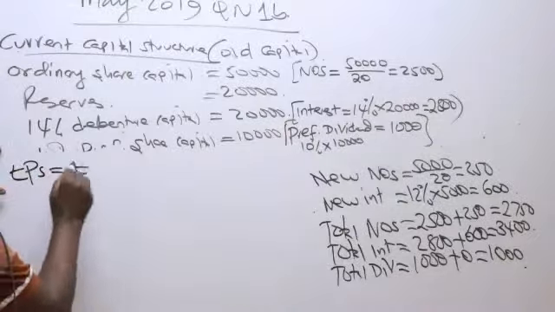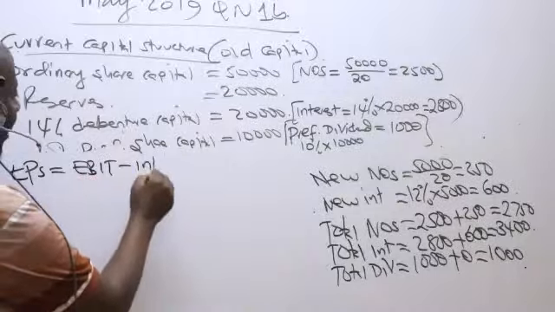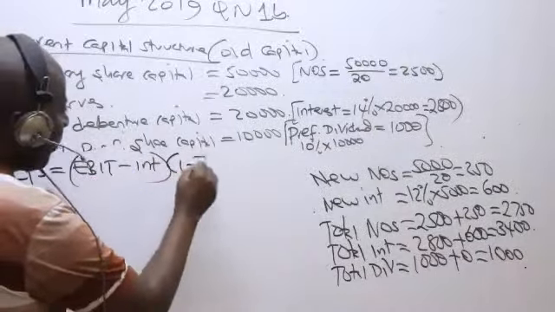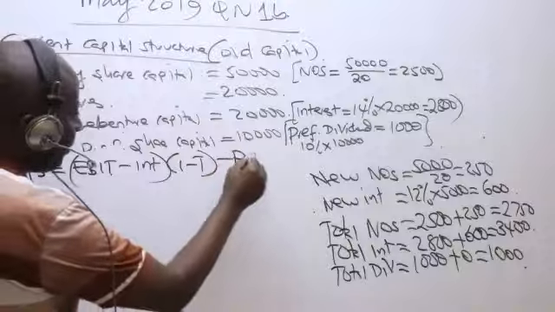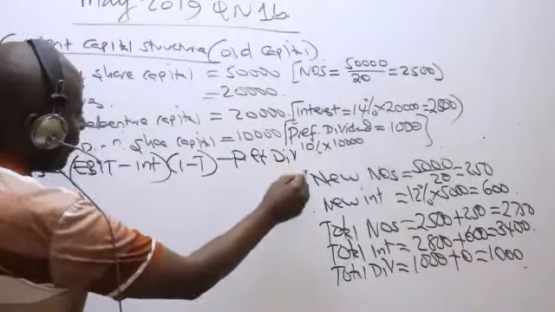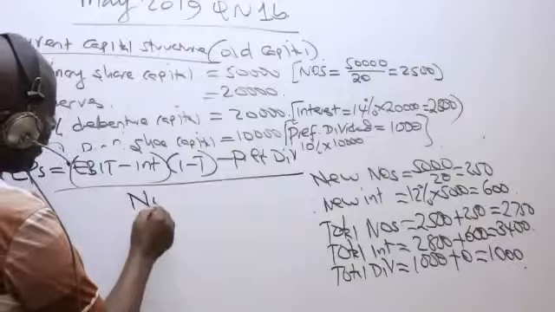Great. So give us the EPS formula. We are repeating again. It is EBIT minus interest, into 1 minus tax, minus preference dividend, all over total number of shares.